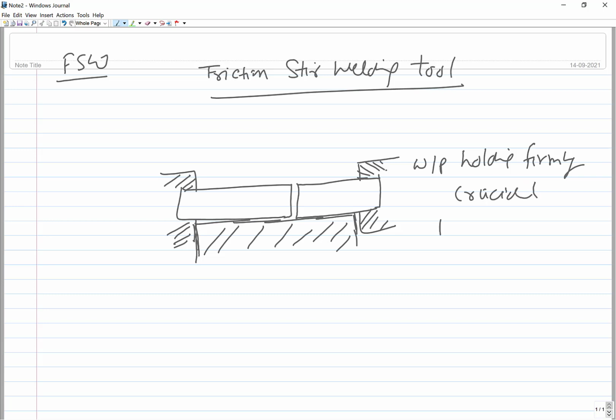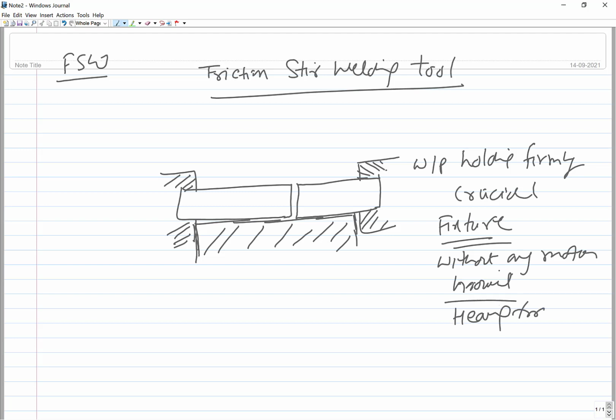You may need proper fixtures for this, so that the components to be joined can be held in position without any motion or movement during the welding, because heavy forces will be acting during the joining.